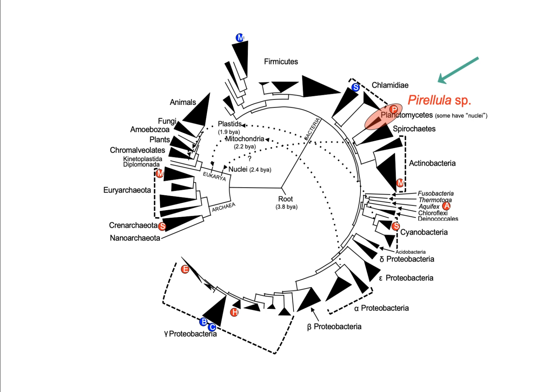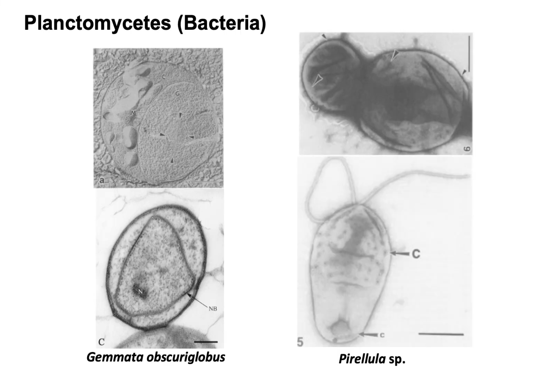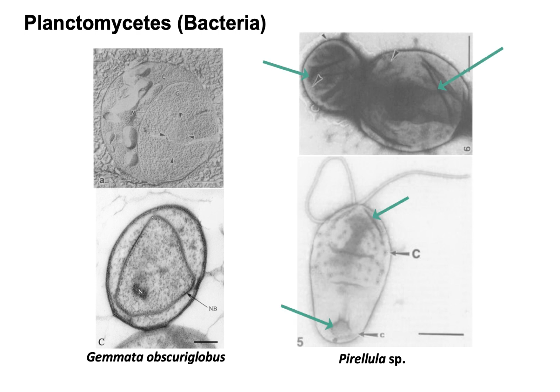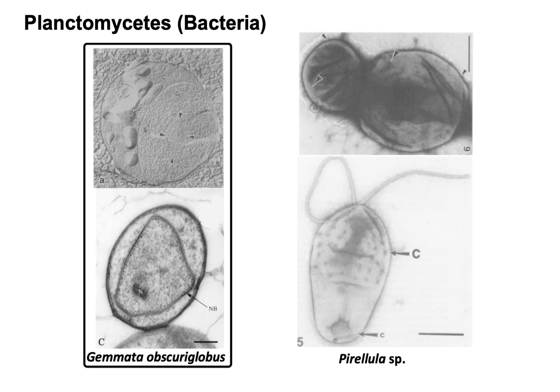They also have fairly large genomes within this group. So on the right is Pirellula, and you can see the internal membranes within those cells. It also has fairly prominent flagella. So that's one with internal membranes that differ from Gemmata obscuriglobus.